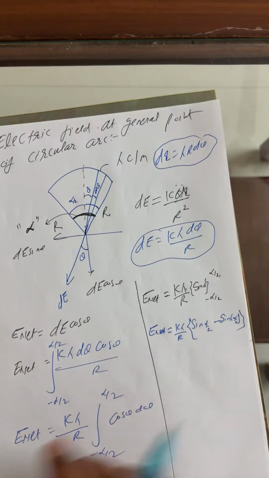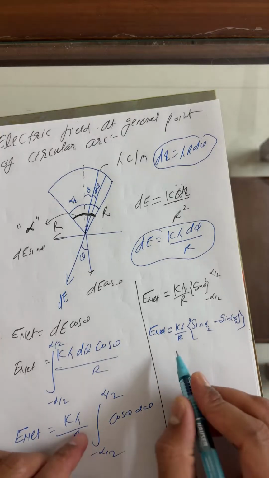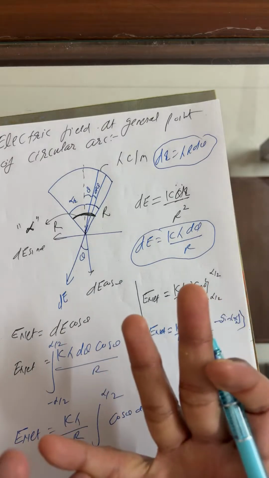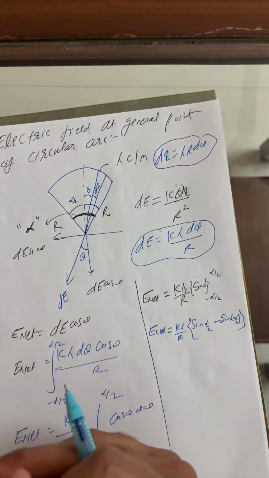If you remember, there is a concept here. We have six functions: sine, cos, tan, cot, sec, and cosec.